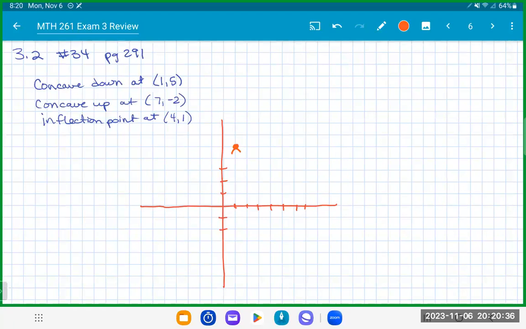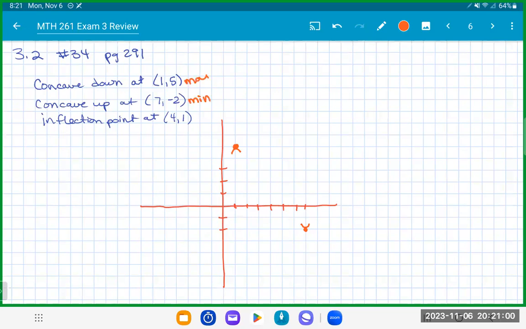Then we want to go to the point (7, -2). So here's 1, 2, 3, 4, 5, 6, 7, -2. We have this point right here. It says that we have a concave up, so that tells us that we have a minimum.